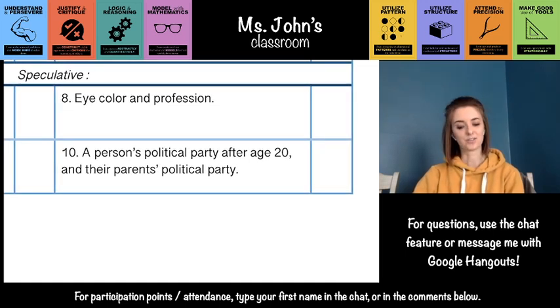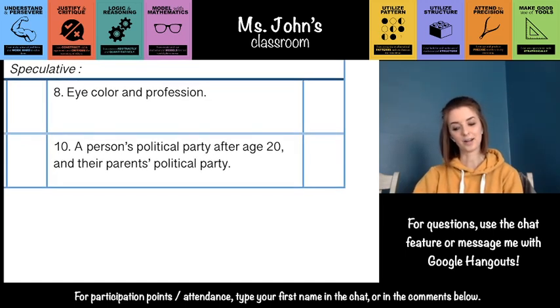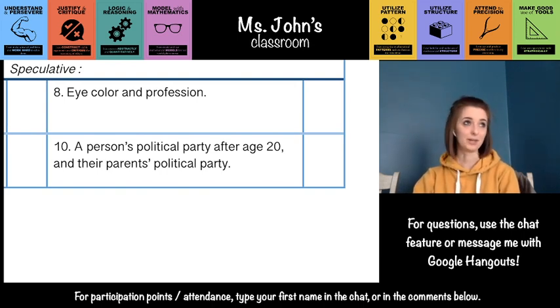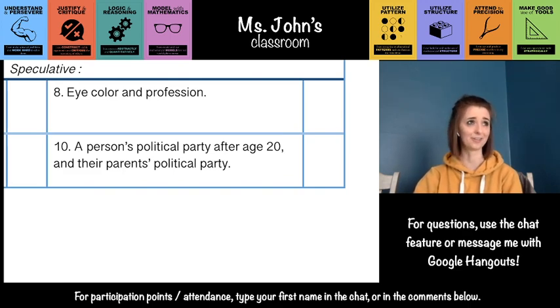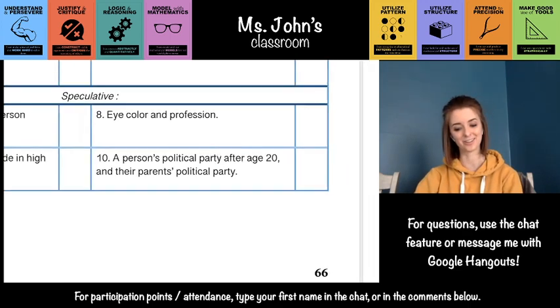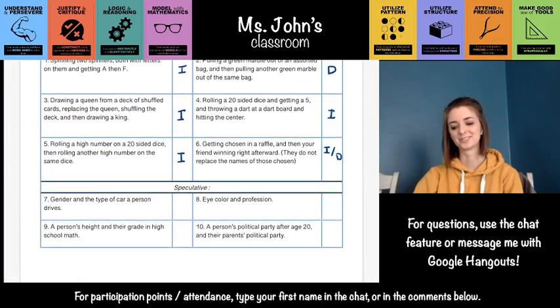And again, we already sort of talked about this one, but a person's political party after age 20 and their parents' political party. Interesting to think about. I think that would be dependent, but it may not be. It might be half and half, where it just balances each other out and there's no dependence.